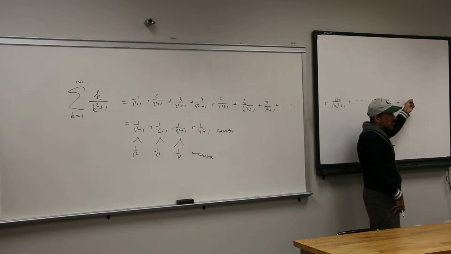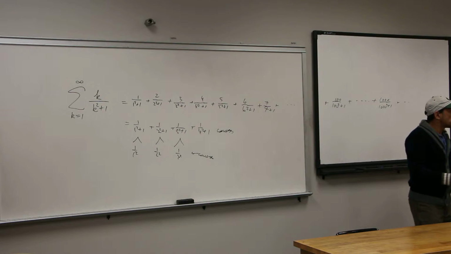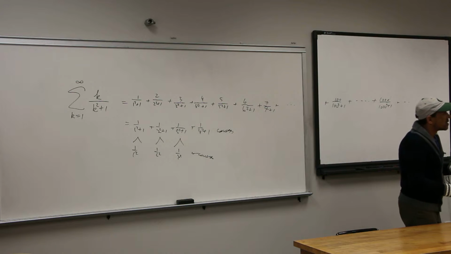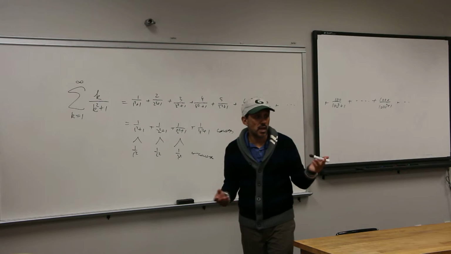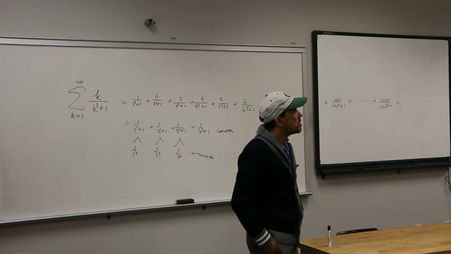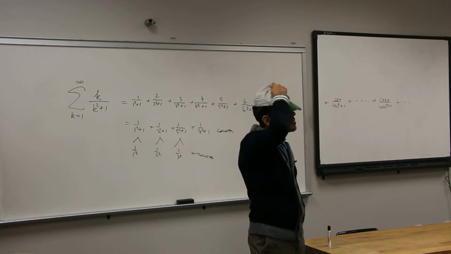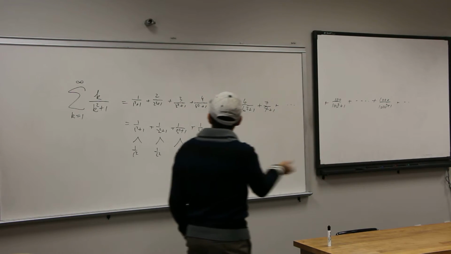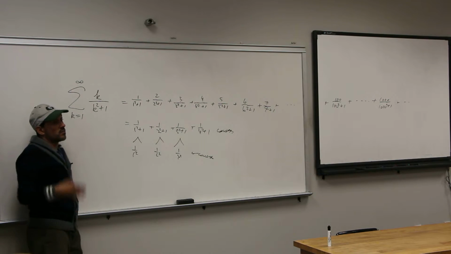The next one, like 1 over 1,001. The one after that, 1 over 1,002. What series is that? 1/k, the harmonic series, which we know diverges. So your intuition is that eventually this starts to look like 1/k.